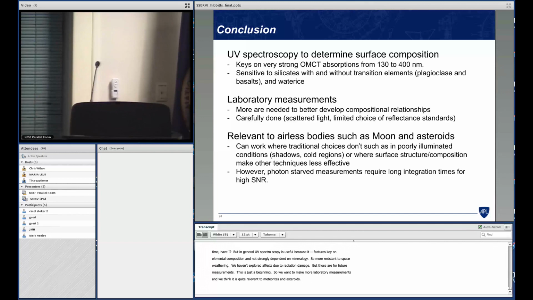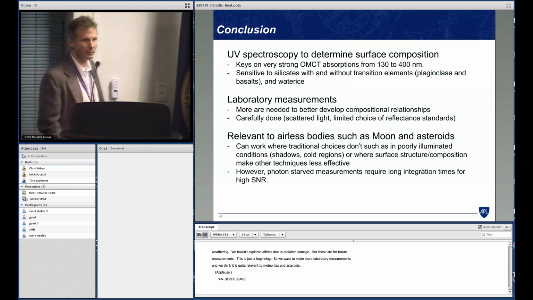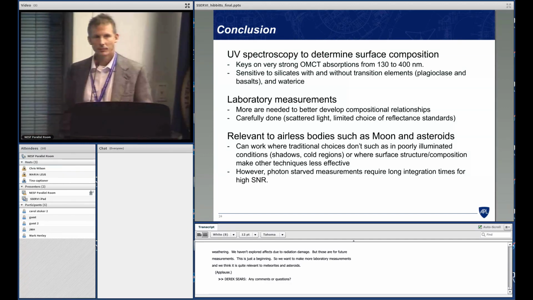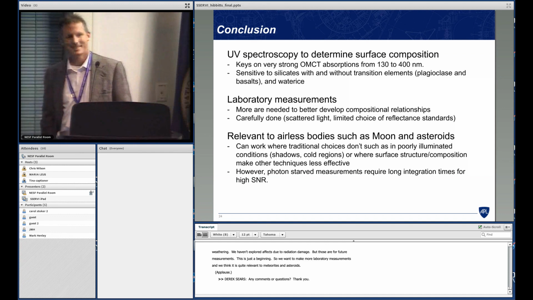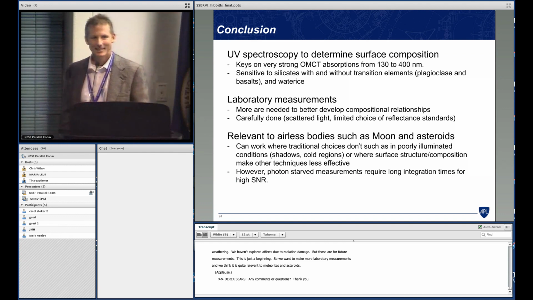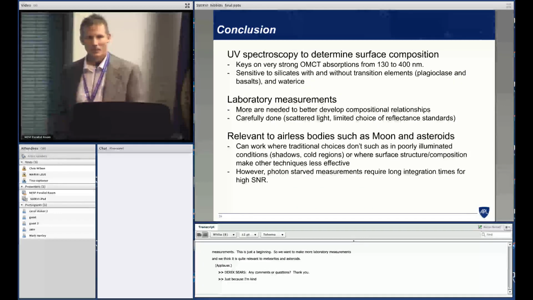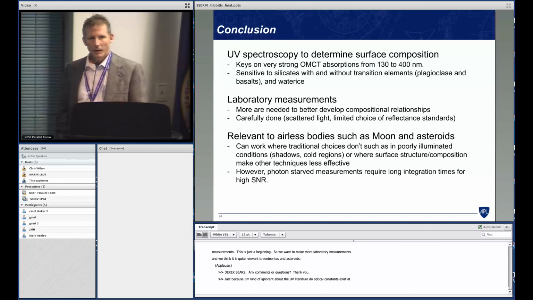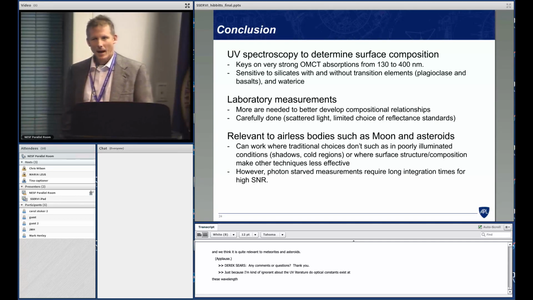Any comments or questions? Yes. Tim Glotch, Stony Brook University. Just because I'm kind of ignorant about the UV literature, do optical constants exist at these wavelength ranges for the compositions we care about, to do quantitative mixing?